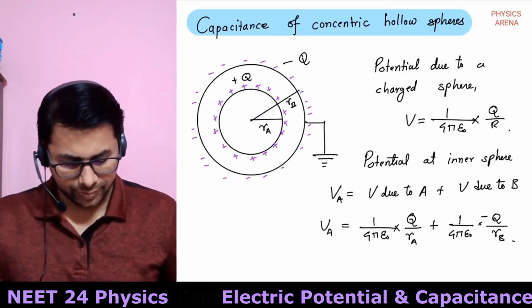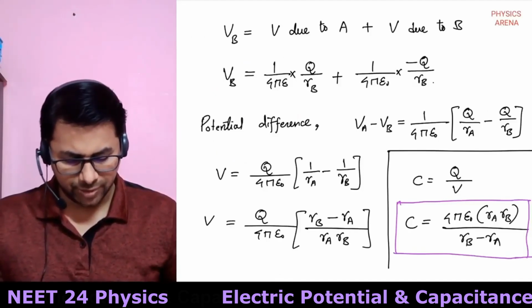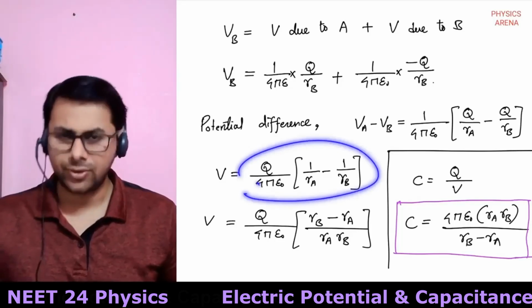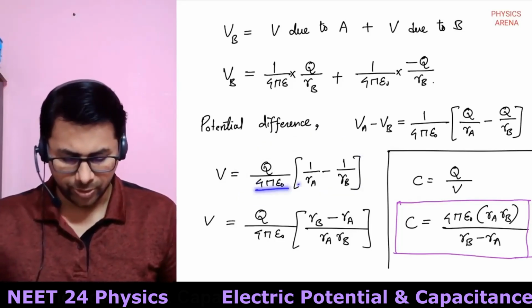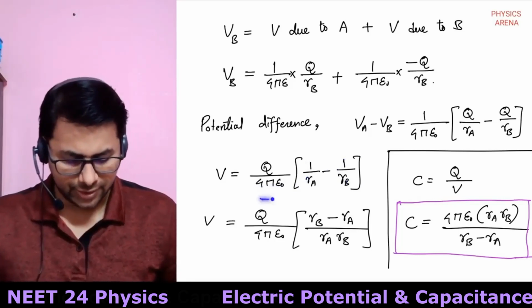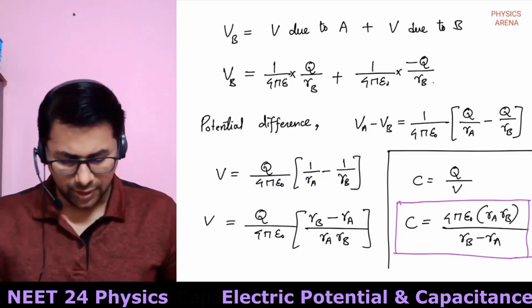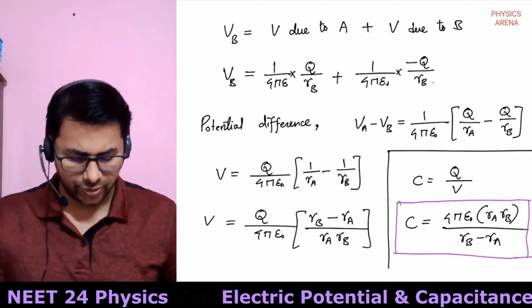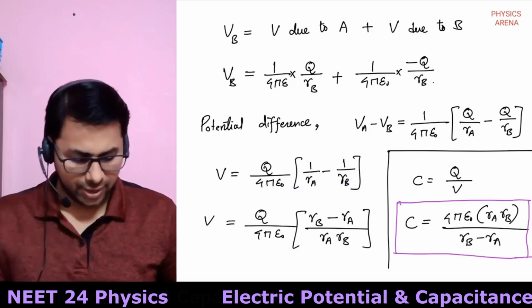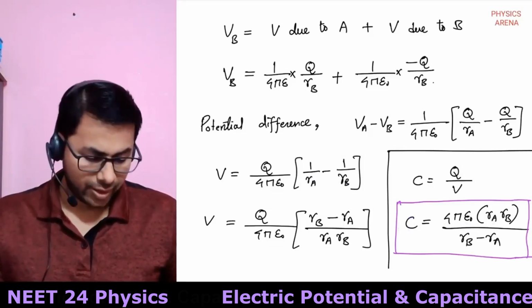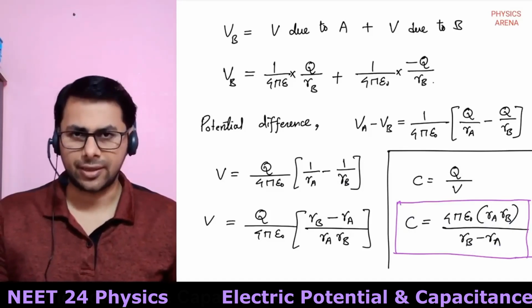Then you find the potential difference between the two. So you get potential difference equals Q upon 4 pi epsilon naught times (1 upon RA minus 1 upon RB), right? That's the potential difference. Then you move this to the other side, and you get the formula for capacitance: C is equal to 4 pi epsilon naught RA RB upon (RB minus RA).